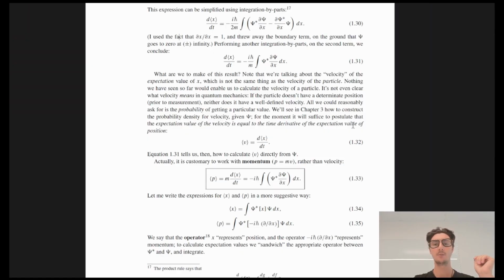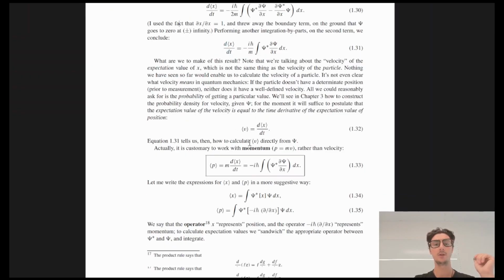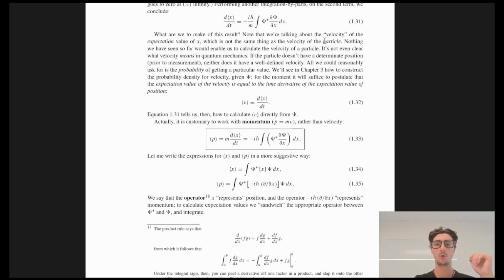For the moment, it will suffice to postulate that the expectation value of the velocity is equal to the time derivative of the expectation value of the position. So what we just found here is the expectation value of the velocity. Equation 1.31, right here, tells us then how to calculate expectation value of velocity directly from psi.